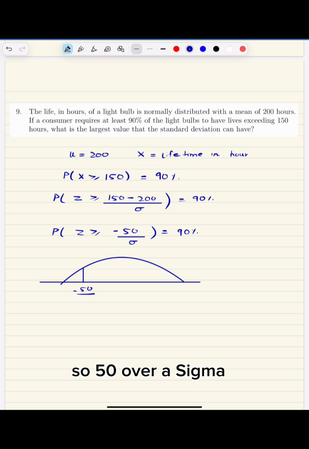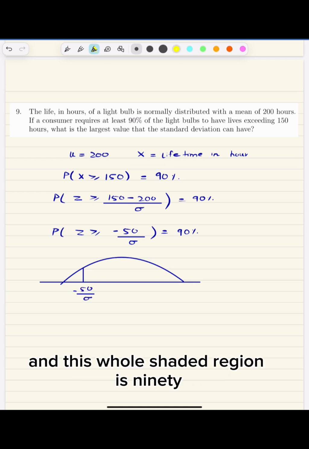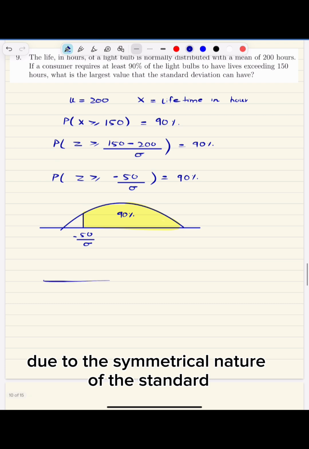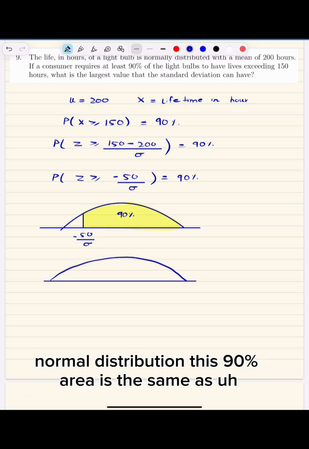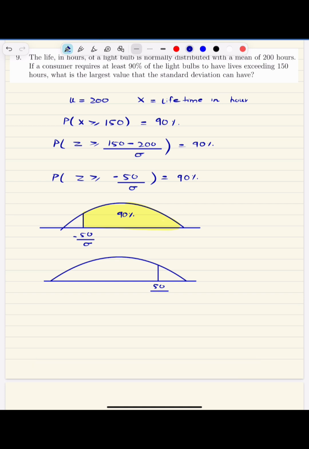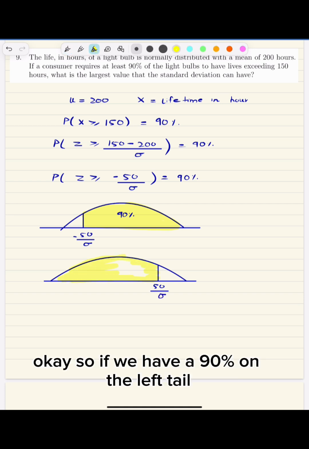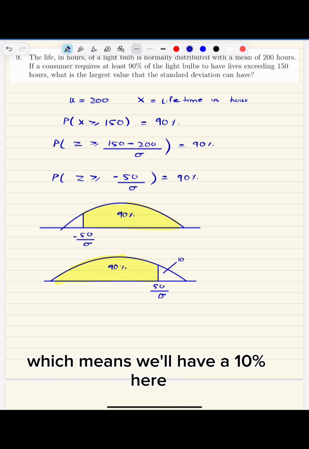So 50 over sigma, and this whole shaded region is 90%. Due to the symmetrical nature of the standard normal distribution, this 90% area is the same as if we were looking at positive values of z. So if we have 90% on the left tail, we'll have 10% here.